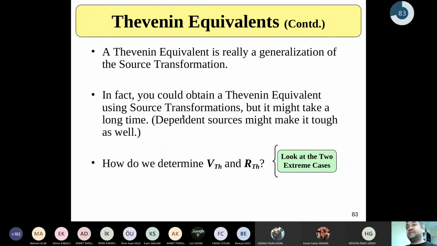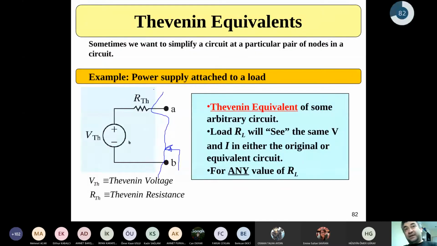But there is a catch. We have to somehow determine this VTH, the Thevenin voltage, and the Thevenin resistance of that circuitry. There are many ways of doing this. In fact, the straightforward way, though not the easiest, is to use source transformation over and over until we end up with something like this.